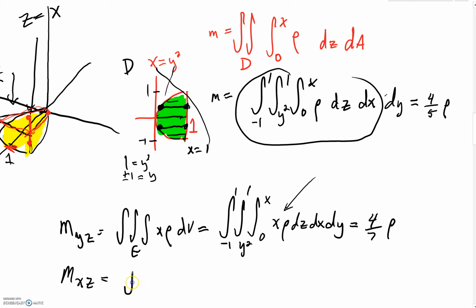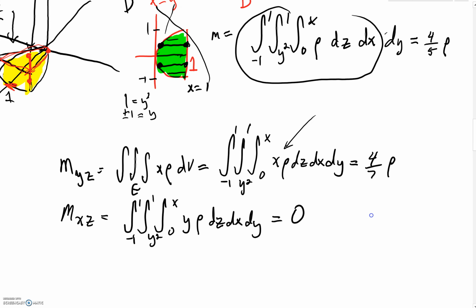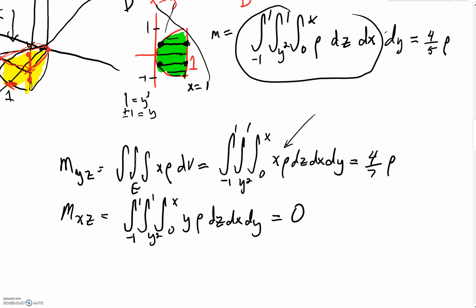Well, it's going to be the exact same integral that we were looking at. Same solid, same boundaries. The only difference is inside, we're going to see that we now have a y times our rho function. And you can see, surprisingly, if you use your 89, you'd get a 0.